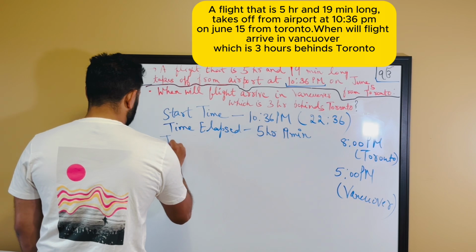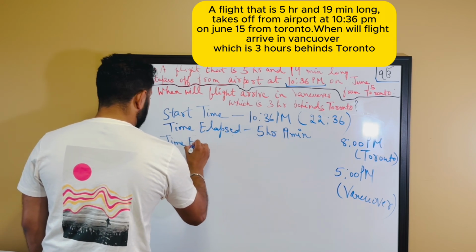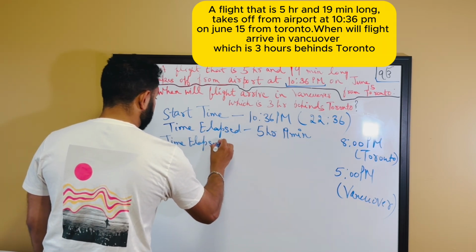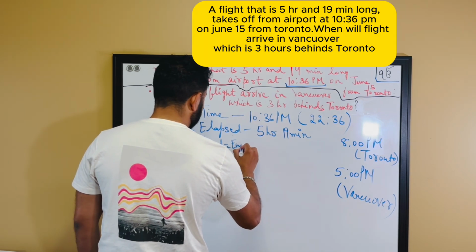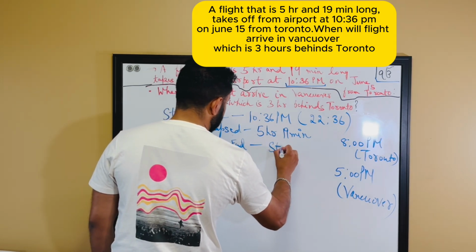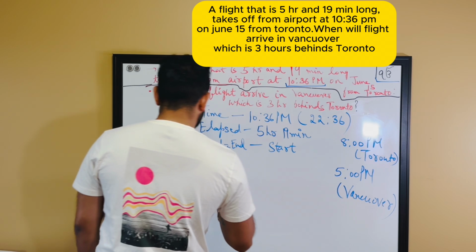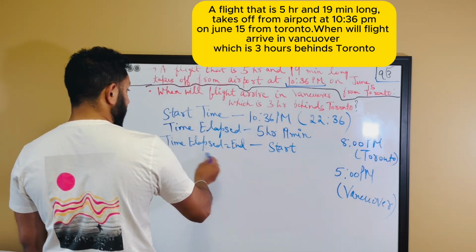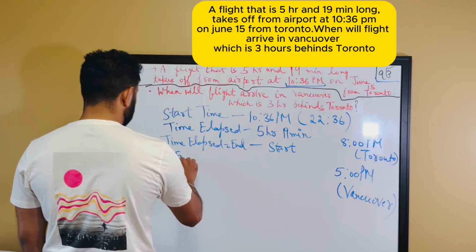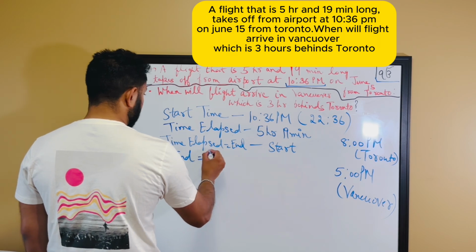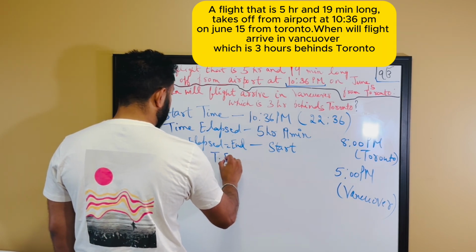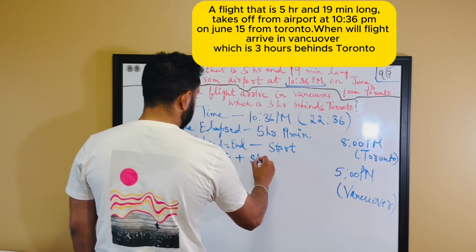We already know the formula of time elapsed, which is end time minus start time, but here we need to find out the end time. So the formula will be time elapsed plus start time.